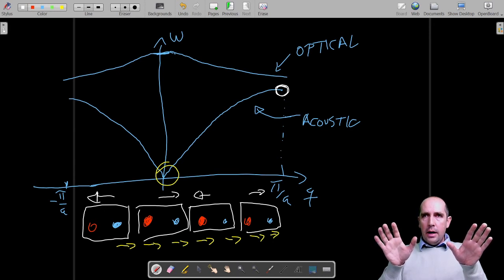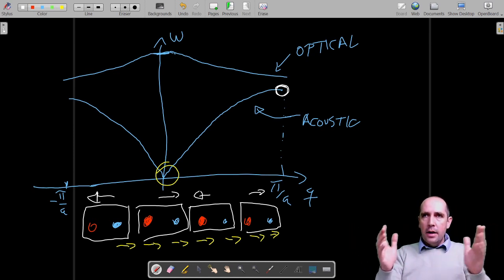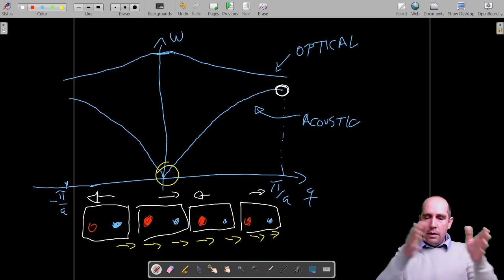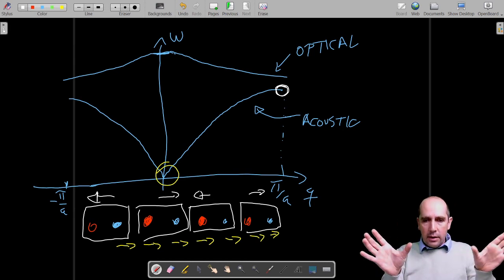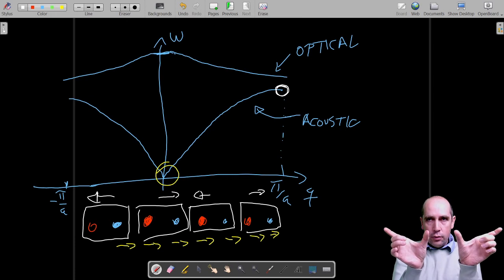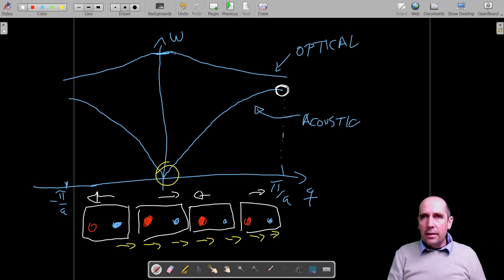So very long wavelengths essentially have big chunks of the lattice moving in phase, and of course, if you go to one full wavelength ahead, these two chunks of lattice will be moving against each other, but they include many atoms, many lattice sites.